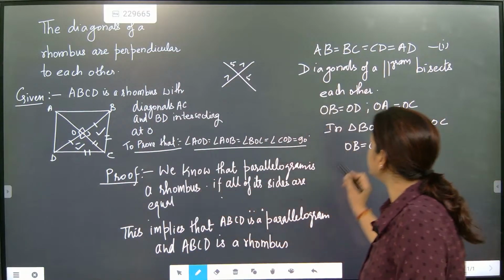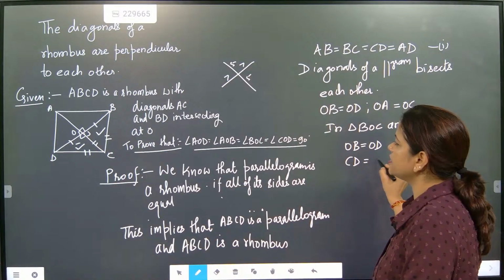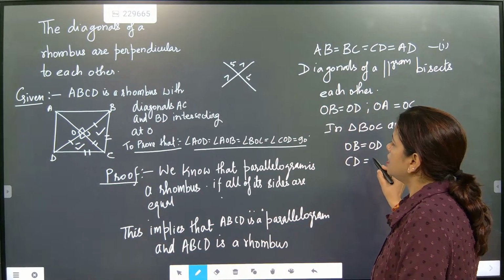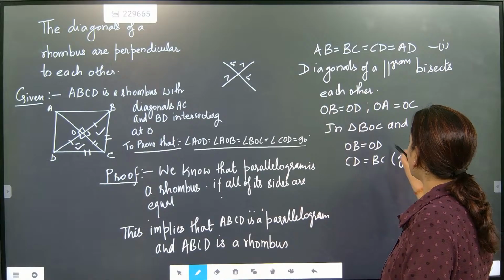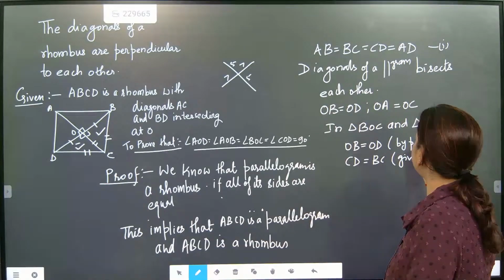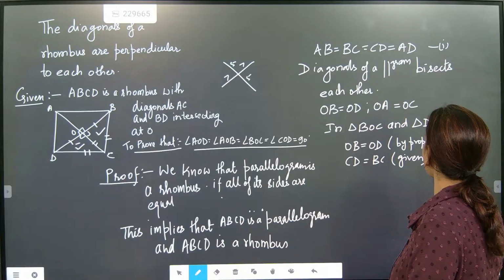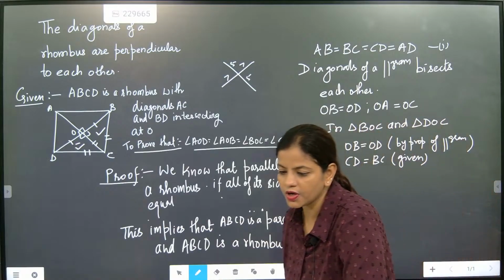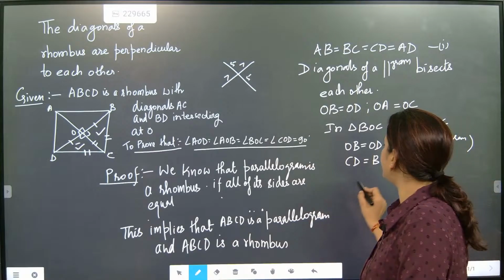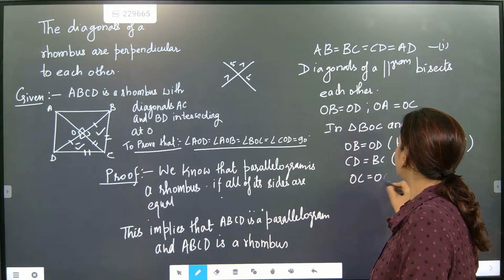Now CD is equal to BC. This is given, and this is by property of parallelogram. Got it? And OC is equal to OC, common.